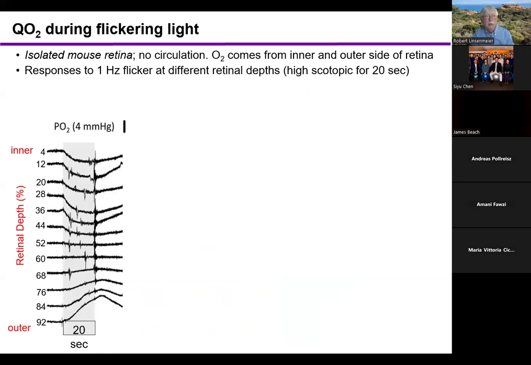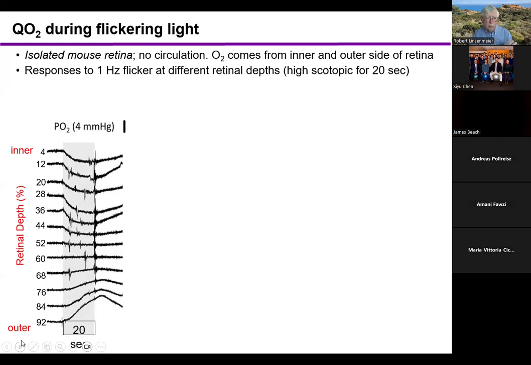Flickering light, however, is different. These were done in the isolated mouse retina so that we could separate the effects of metabolism from the effects of changes in blood flow, both of which could affect the PO2. So here we're looking purely at the effects of metabolism on PO2. These are traces made with the electrode stationary at these different depths in the retina.